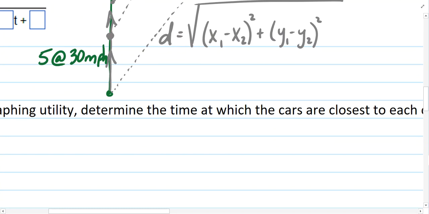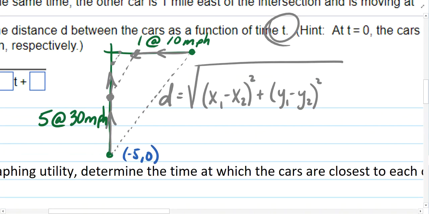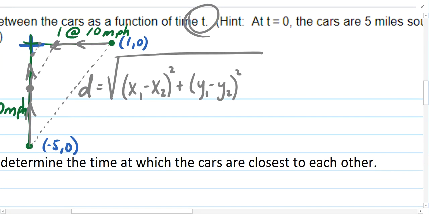Now, this position down here was initially at the coordinate, let's say, -5, 0, because it's 5 miles south of an intersection. And this coordinate might be 1, 0, because we're 1 mile east of the intersection, and we'll assume that this intersection is the origin at 0, 0.